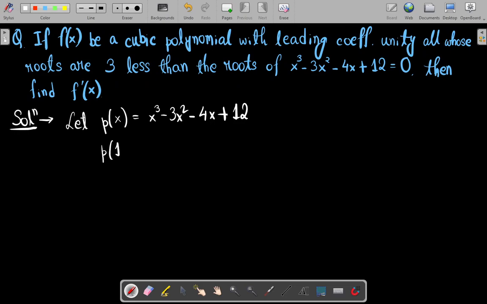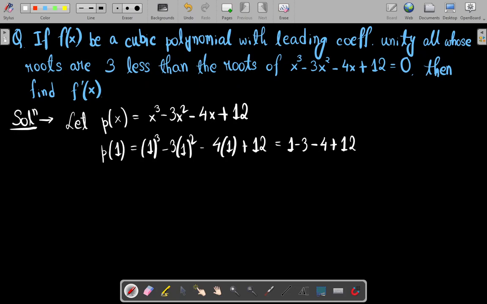So p of 1 is 1 cube minus 3 times 1 square minus 4 times 1 plus 12. This is 1 minus 3 minus 4 plus 12, so this is 13 minus 7. This is not equal to 0. So therefore 1 is not a root of this polynomial.